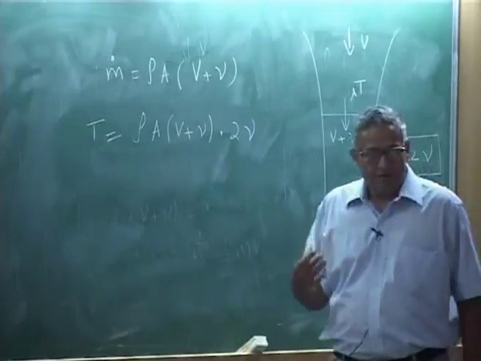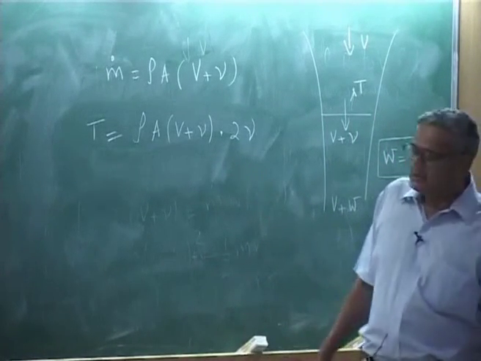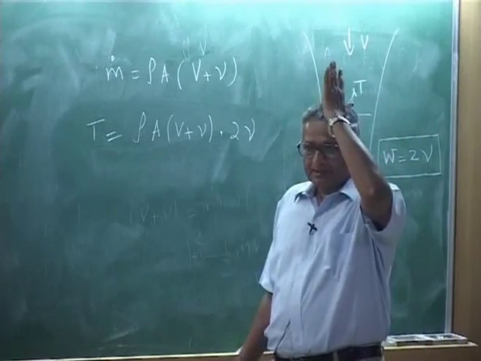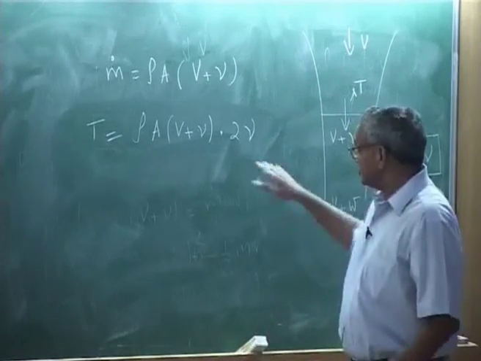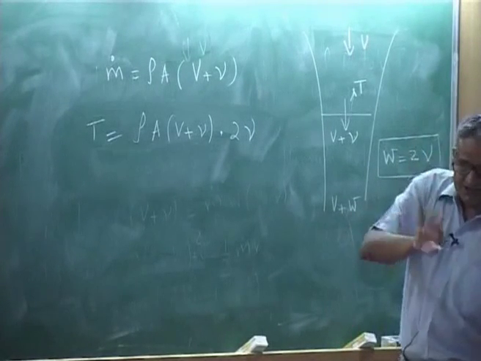V is the velocity of climb. Okay. I take V positive means it is up, if it is negative it is down, but I cannot use this expression immediately. Okay. I will derive it for the descent separately.